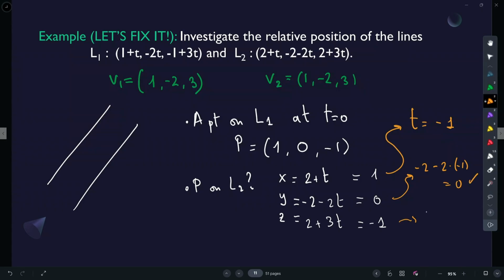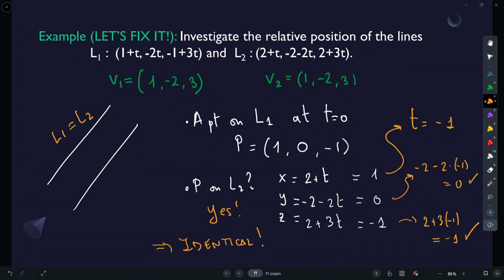And in here, when I plug in t equals minus 1, I get 2 plus 3 times minus 1. That is 2 minus 3, which is minus 1, so it works. So the point is on L2. So these are identical. L1 is actually equal to L2. They're not different lines.